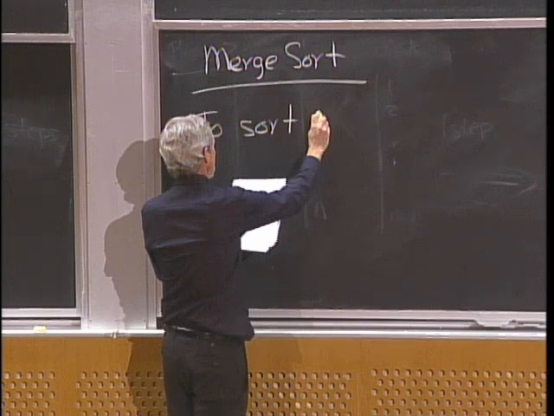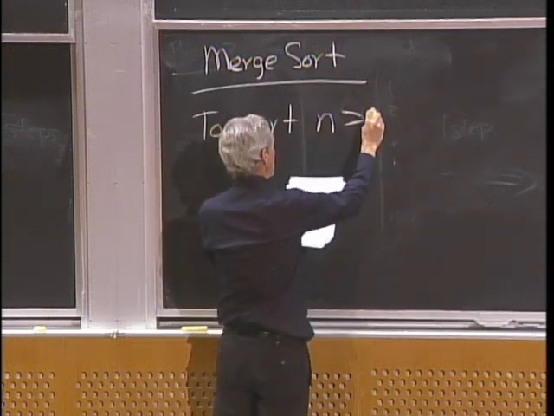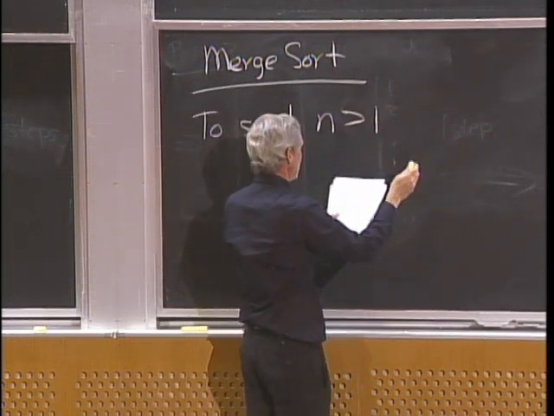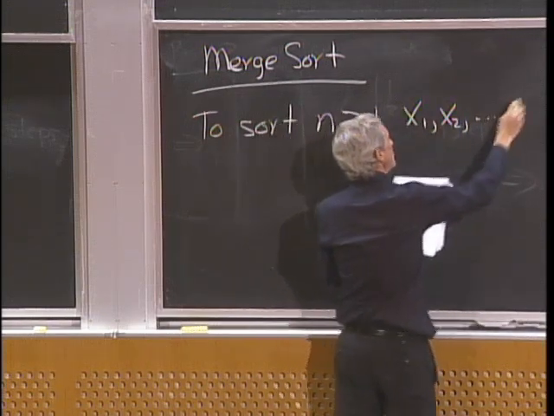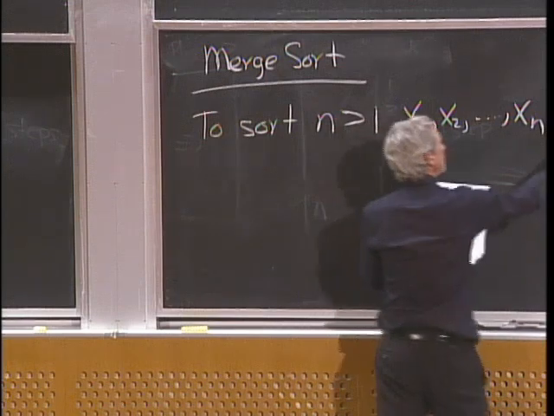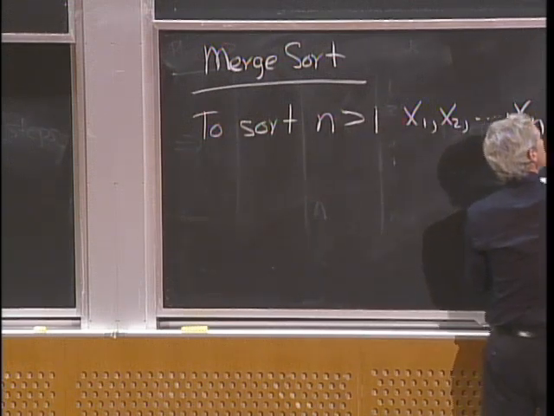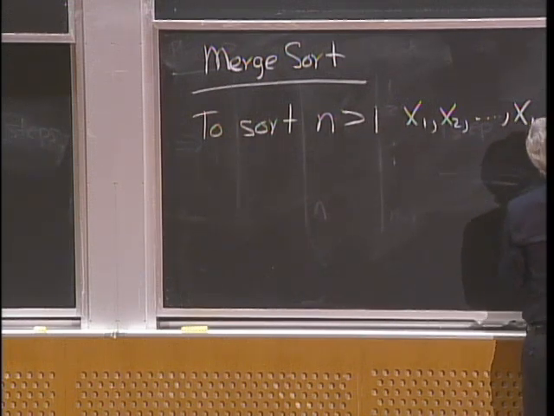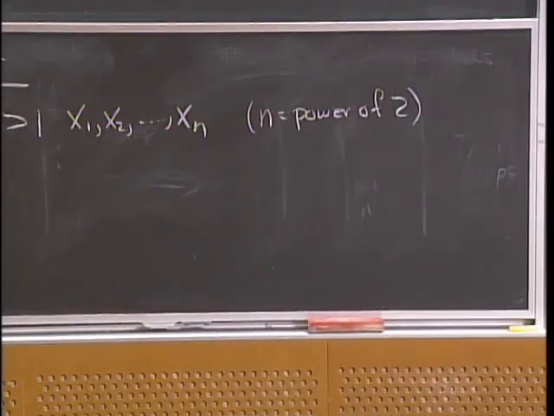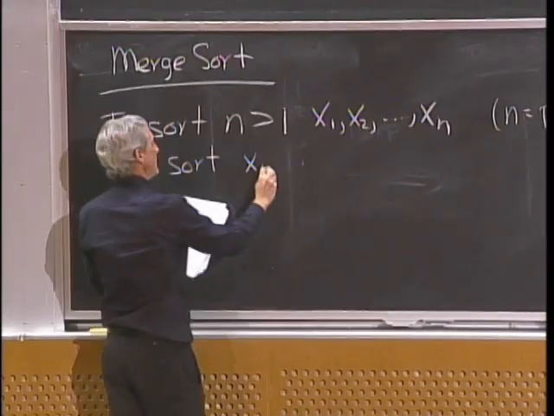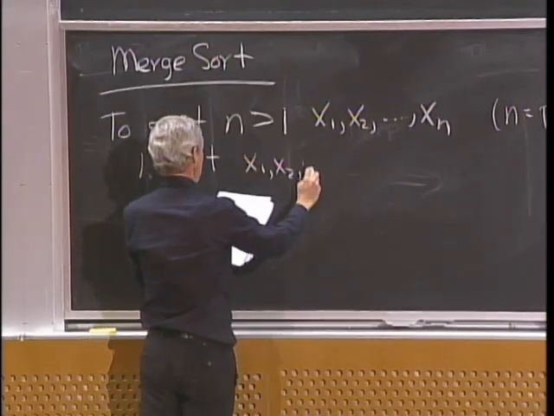So to sort n items, in fact, we're going to look at n being a power of 2. Call the items x1, x2, ..., xn. N is going to be a power of 2 to make it simple for now. The first thing we're going to do is recursively sort the first half of the items and the second half.